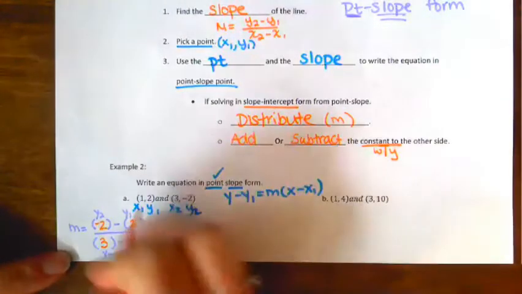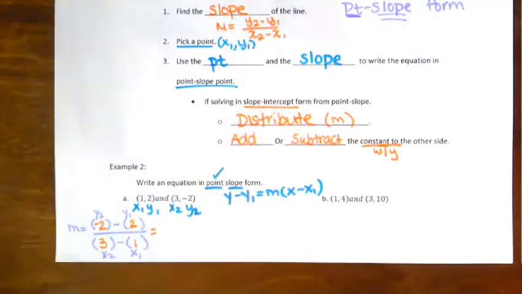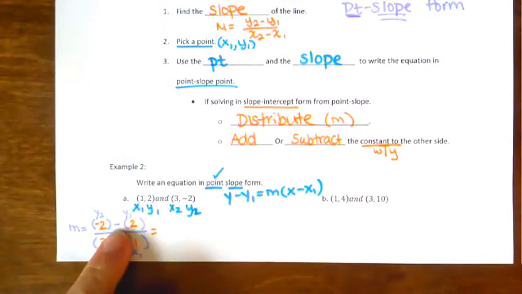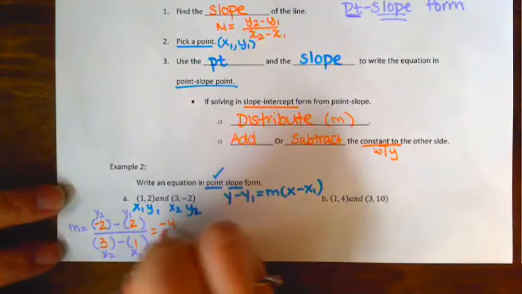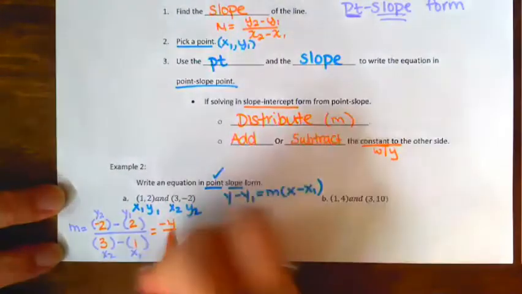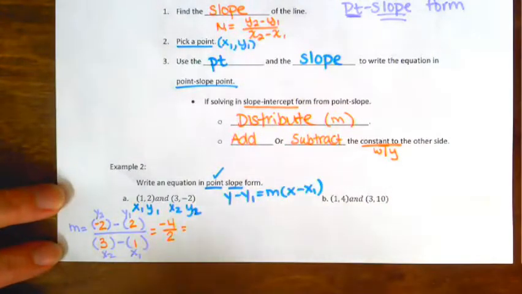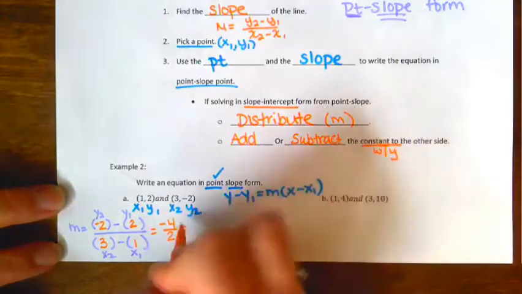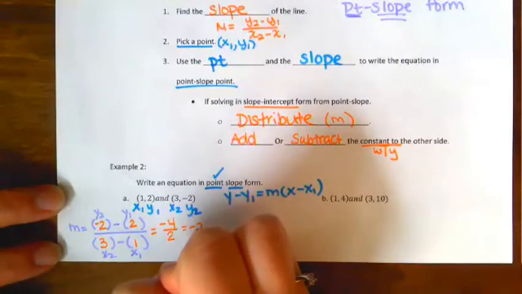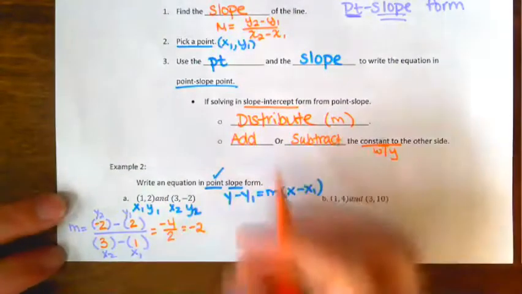And x1? 1. Yep. All right, -2 minus 2 is? -4. -4, good. 3 minus 1 is? 2. So what's -4 over 2 simplify to? -2. -2, awesome.